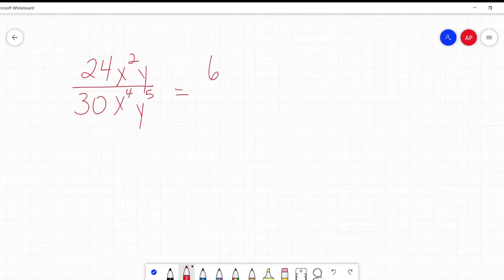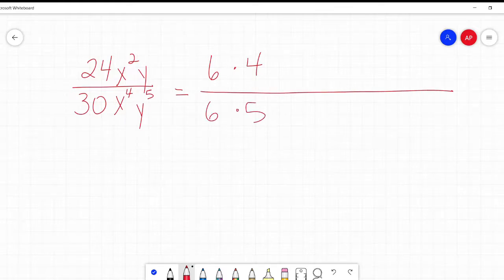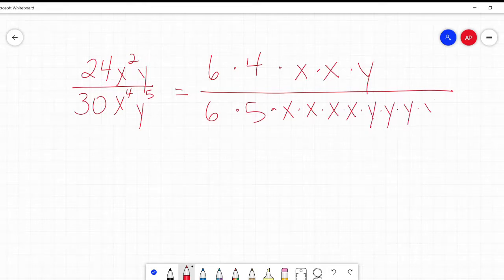So 24 is 6 times 4. 30 is 6 times 5. x squared is x times x, and then we just have a lone y. On the bottom, we have a lot more. We have 4 x's, and then we have 5 y's. 1, 2, 3, 4, 5.